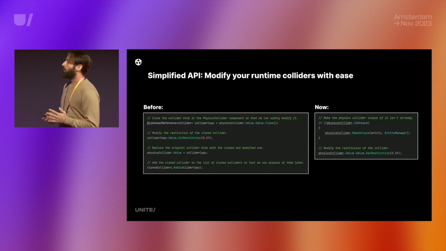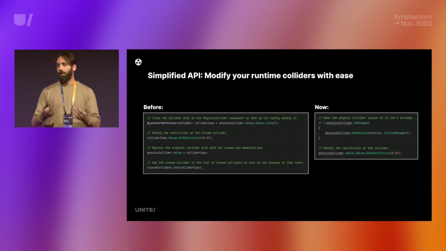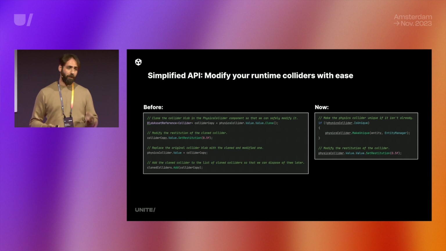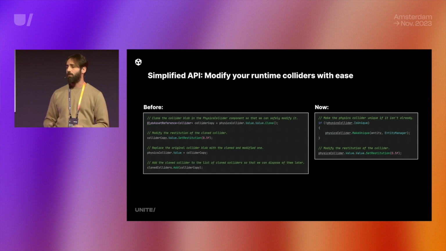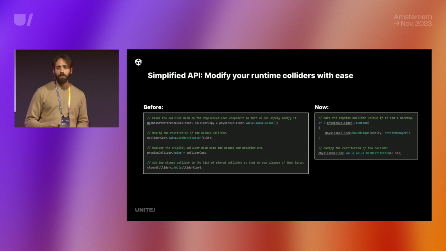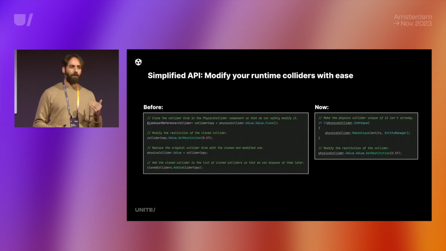Also, we hear your pain about handling runtime modifications of colliders. For a little bit of context, every rigid body that has the same collider settings will have a shared instance of the blob asset collider, meaning that if you change the blob asset of the collider, essentially all the rigid bodies will be affected. So if you needed to make a specific rigid body unique, you needed to clone the collider, modify it, and then dispose the collider manually.